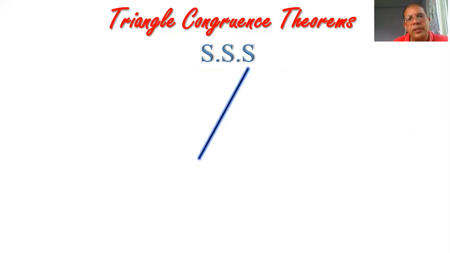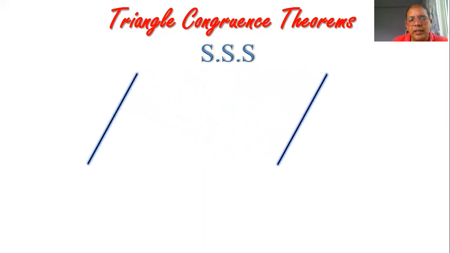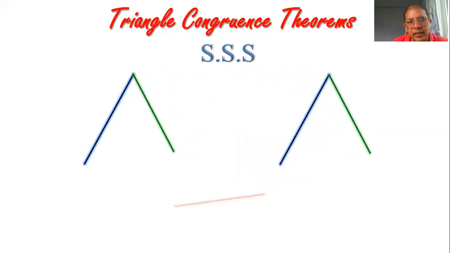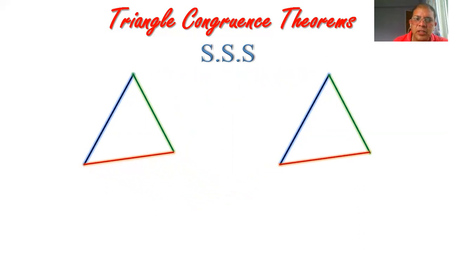Now, first you have a side of some length, then you can take exactly the same length of side. Then you can take another side, then join this. Then again you have another side. Yes, you have this side equal to this side, this side equal to this side, and this side equal to this side. If you overlap these two, one figure covers another.